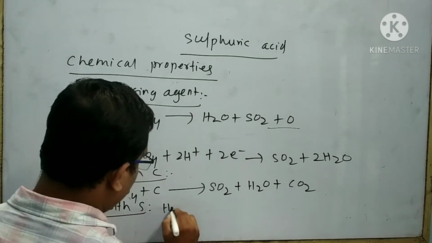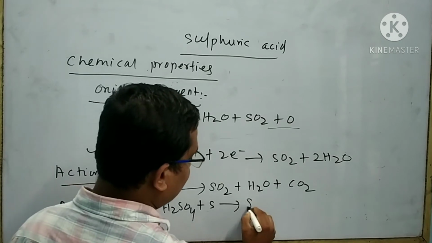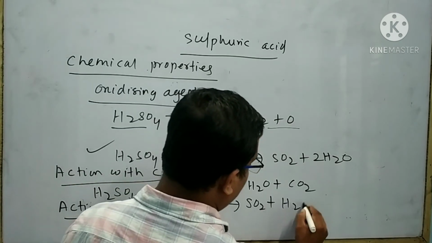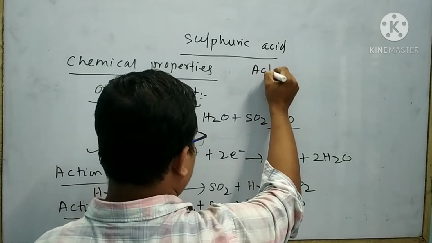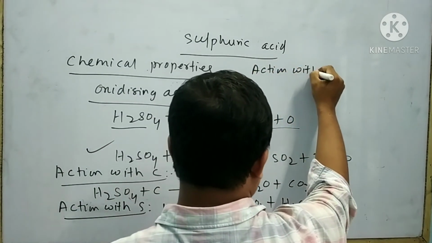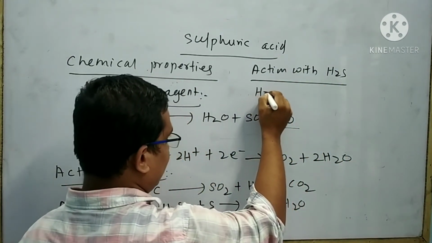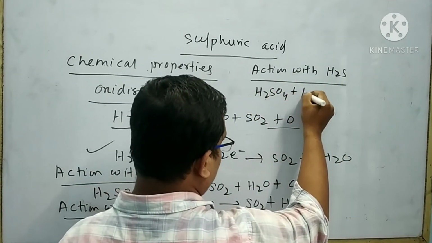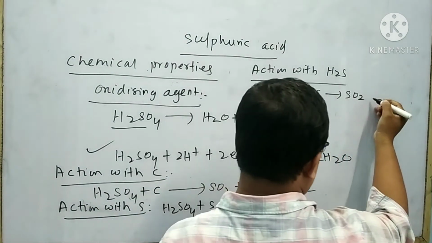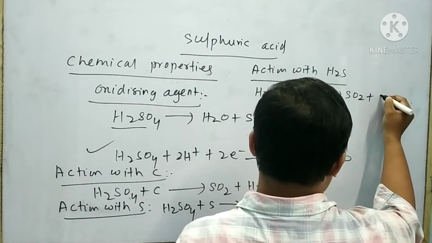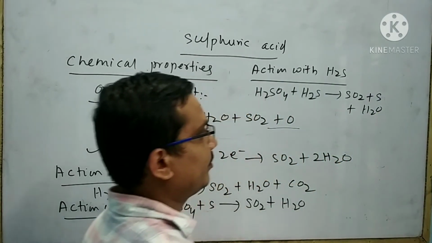When sulfuric acid is subjected to reaction with sulfur, then sulfur dioxide and water are formed. Next reaction is the action with H2S. When sulfuric acid is subjected to reaction with H2S, then sulfur dioxide, sulfur and water are formed.